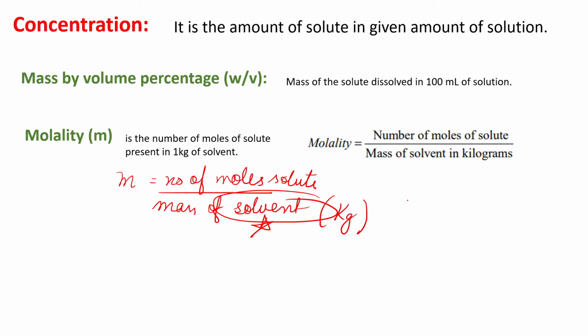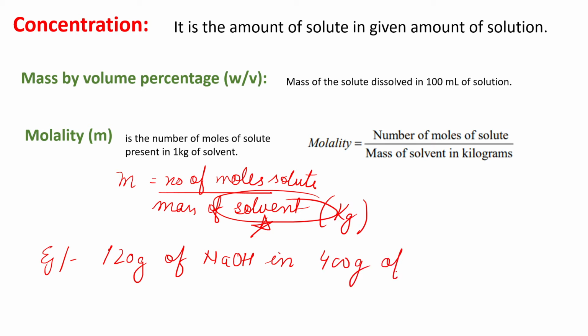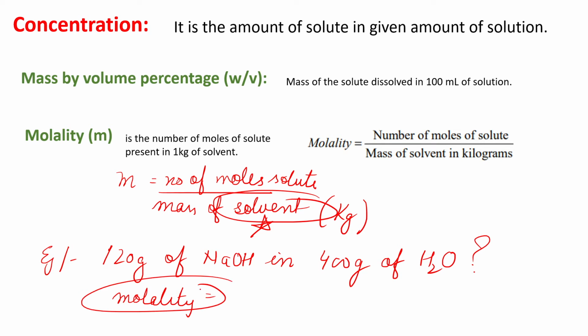So let's give you an example. Let's say I have 120 gram of NaOH in 400 gram of H2O. Calculate the molality. I'll give you like 1 minute. Please calculate the molality for this.